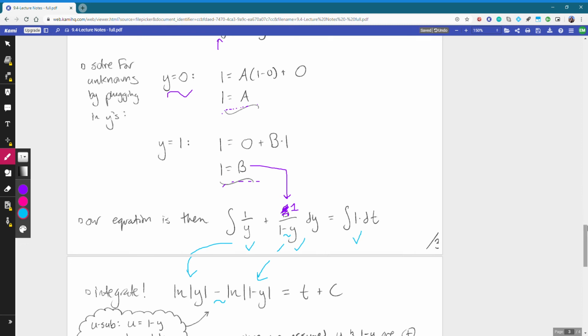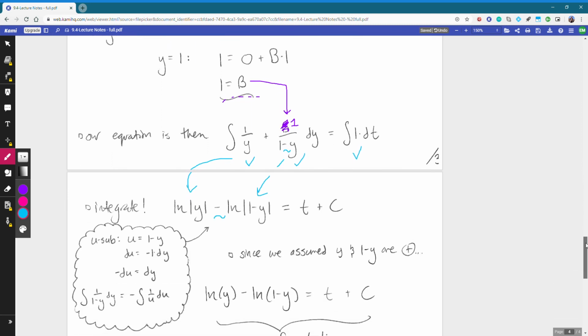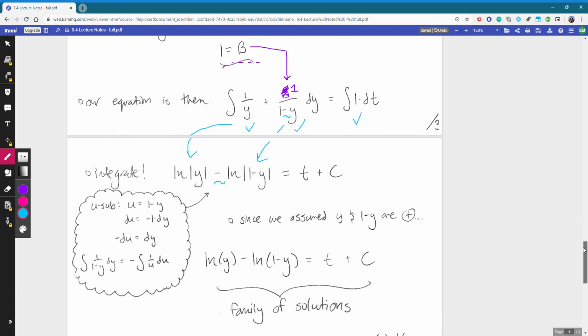Essentially what's going to happen is if we did a u sub to formally and really carefully work out this antiderivative, then we would get that negative coming out from the derivative of our u, would be that -1. So we'd end up with minus integral of 1 over u, so minus natural log of absolute value of u, which gives us our minus natural log absolute value of 1 minus y up here.